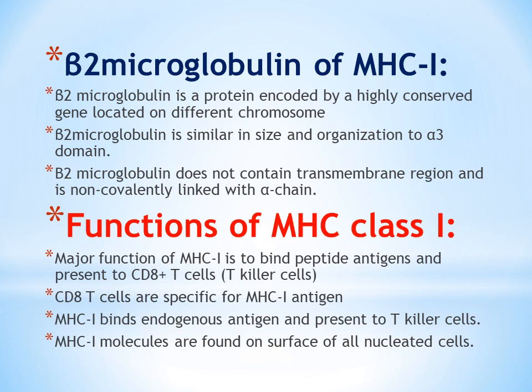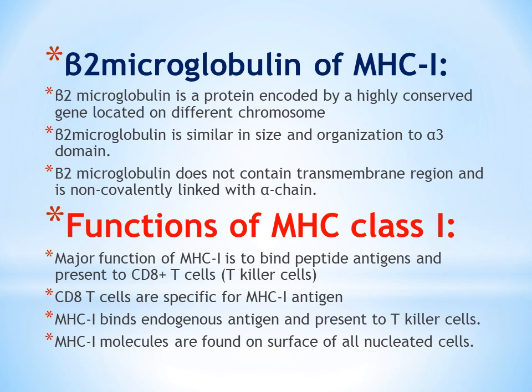The main functions of MHC class 1 are: MHC class 1 binds to the peptide antigen and presents it to the CD8 T cells, that is T killer cells or cytotoxic cells. CD8 T cells are very specific to MHC class 1 antigen.